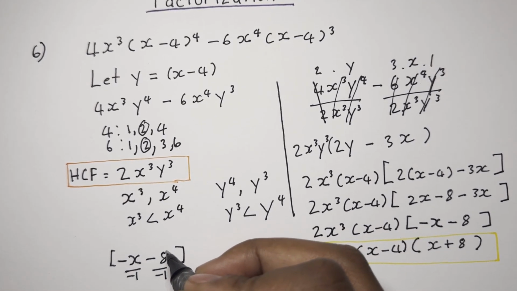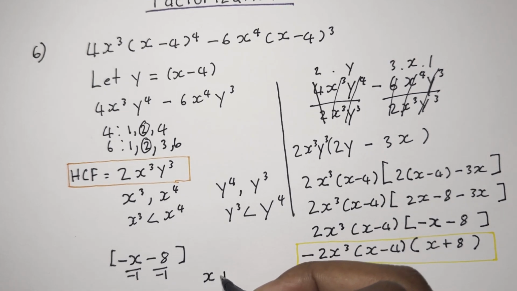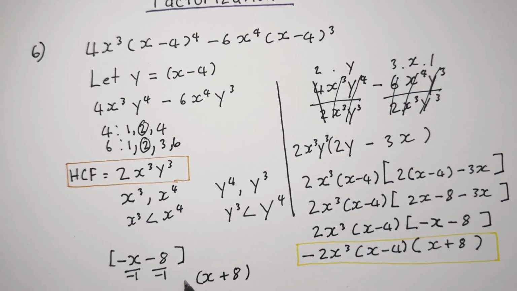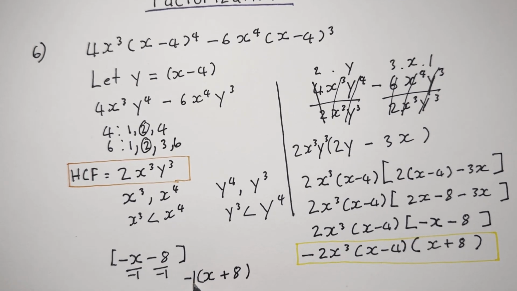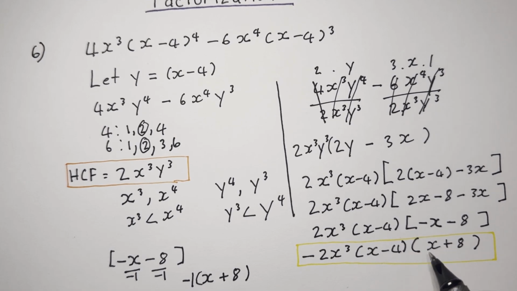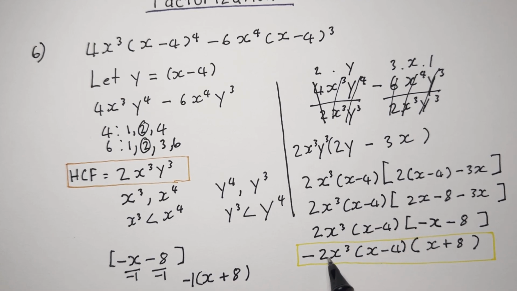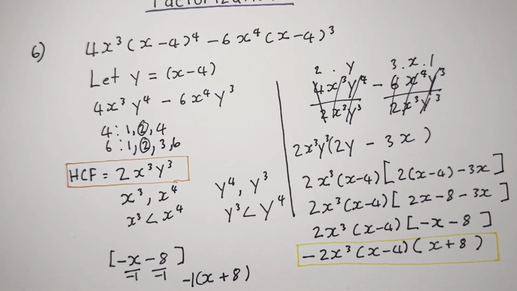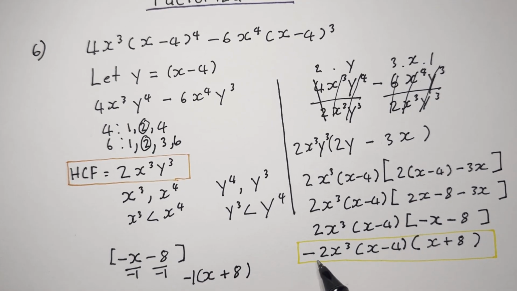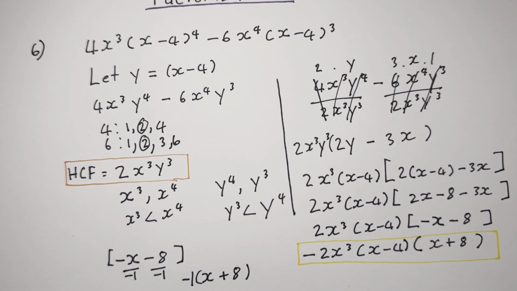Negative 1 into negative 8 gives us positive 8. And because we factored the negative 1, we have to put it in front. So that's what I did here. However, I moved this negative 1 to the front of the expression. And we know that negative 1 is equivalent to just having the negative sign in front. So hopefully that cleared the air.